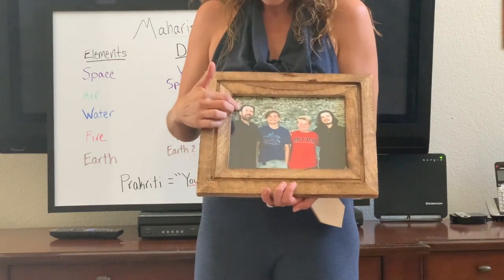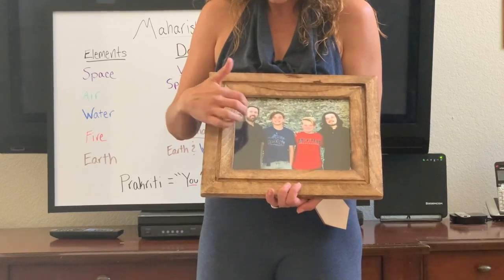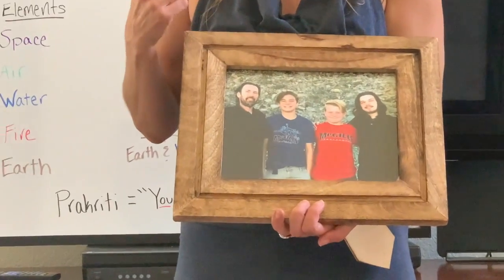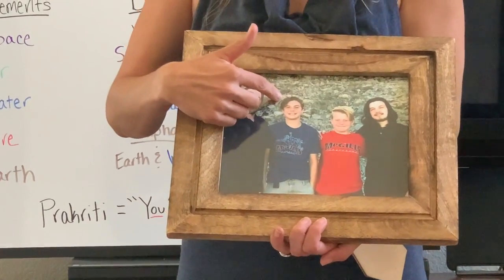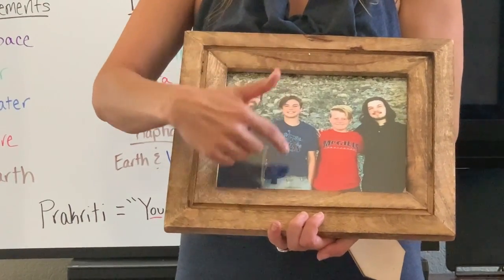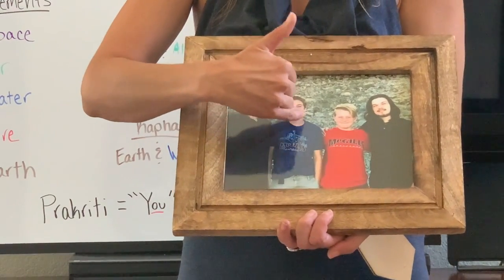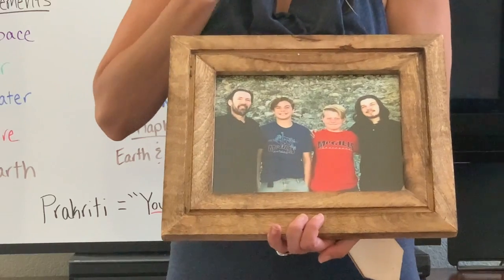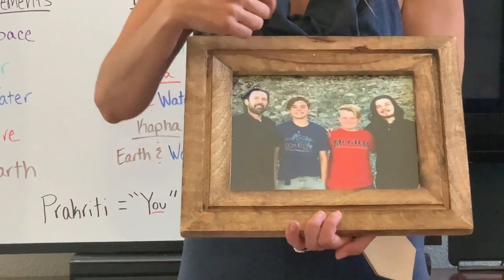You can see my husband, he has more of a Vata face. He has a smaller face, he has more deep set eyes, light, airy. And also Jaden here, he's also got a Vata physiology. He's very thin. You can see, a little bit like on his neck, he has the protruding veins, smaller face.